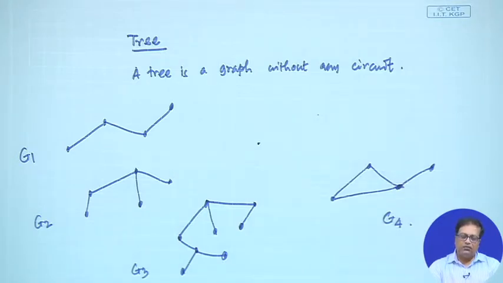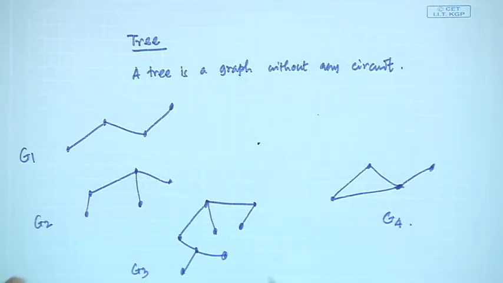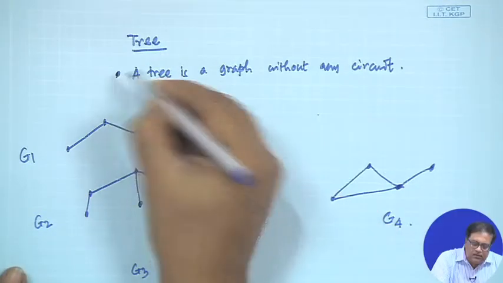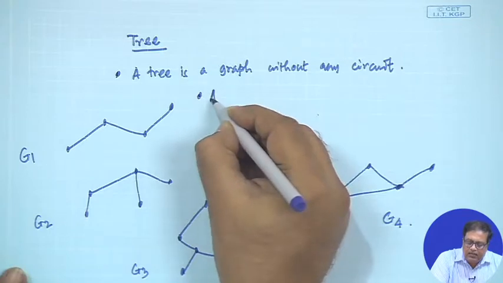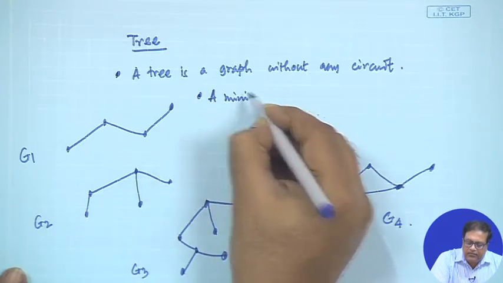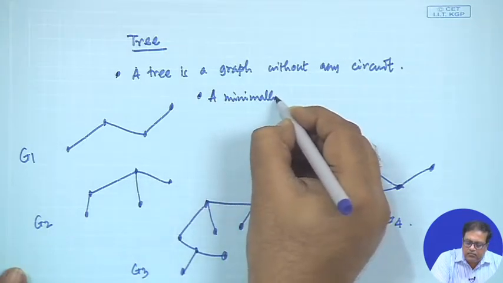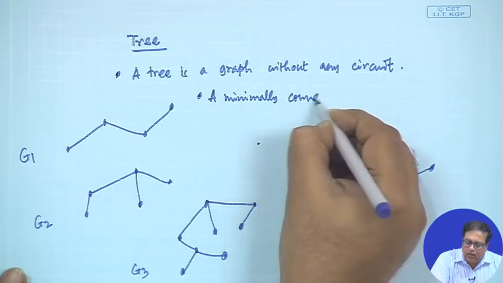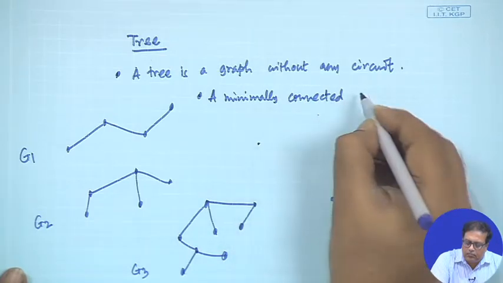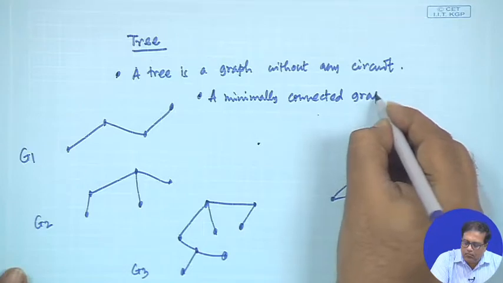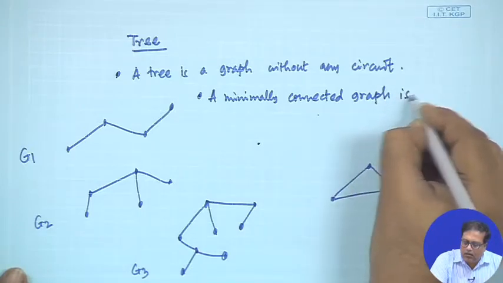This is how you look at the tree, but sometimes we can also define a tree in a very simple way. A minimally connected graph is a tree.